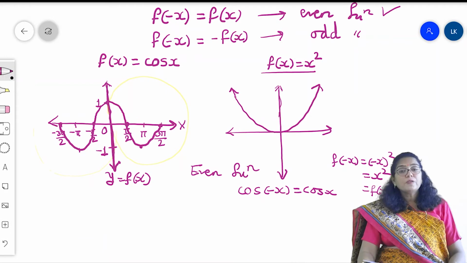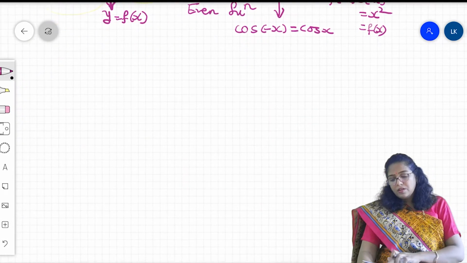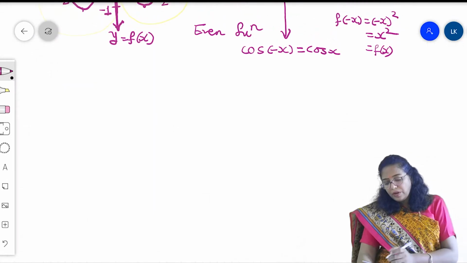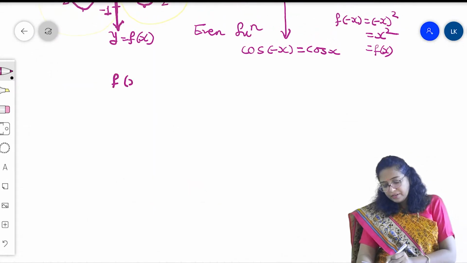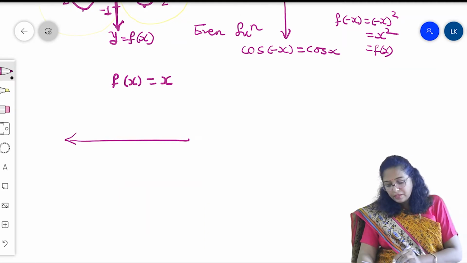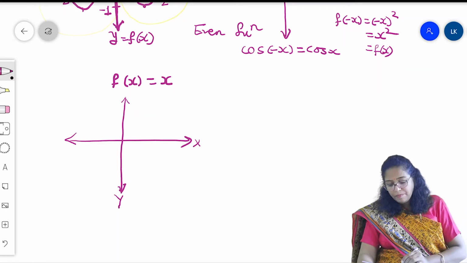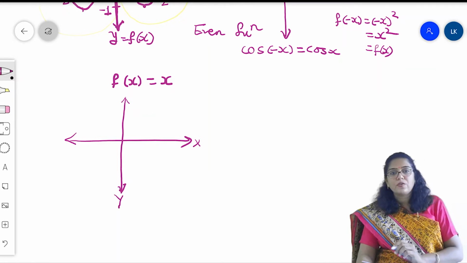Now we want to see the graph of an odd function. If we take f of x is equal to x, then it is the graph of a straight line, with x-axis and y-axis. Whatever point on the x-axis I am taking, I take the same point as the y-coordinate. Clear?